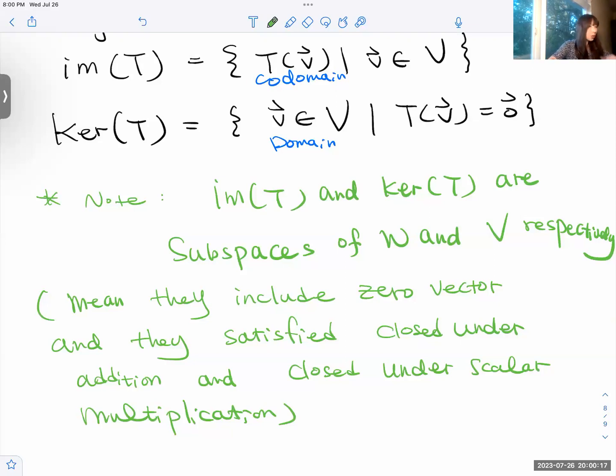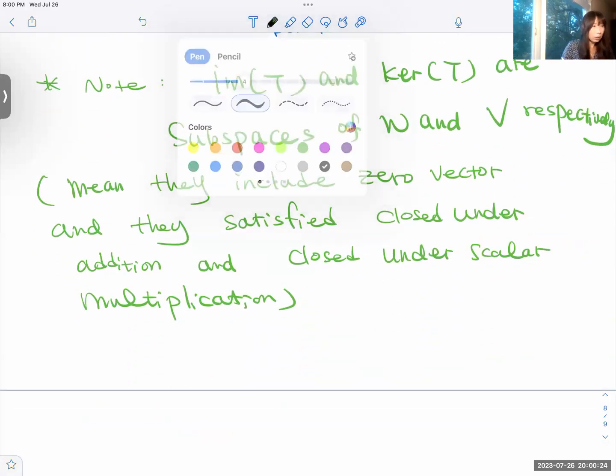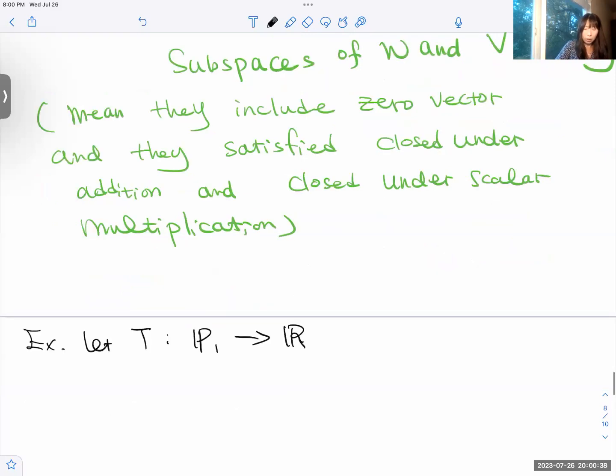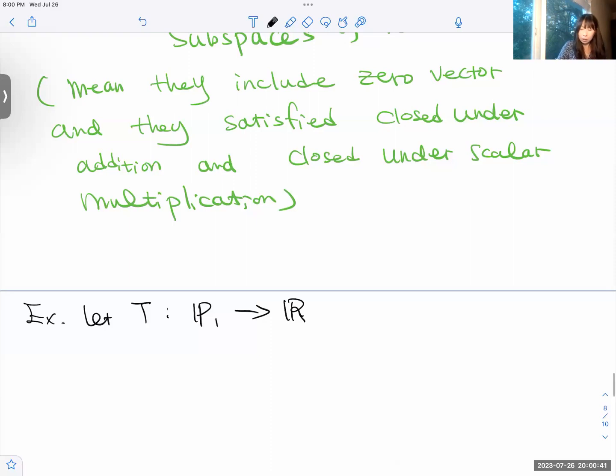Okay. Let us do just one problem. Let T be a linear transformation from P sub 1 of R to R. The input is a polynomial of degree at most 1, and the output is a real number.